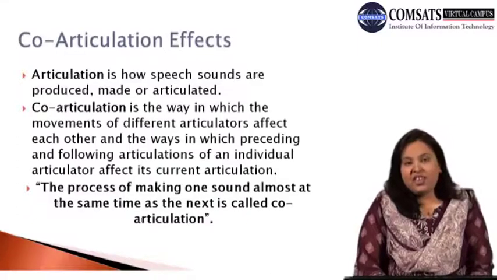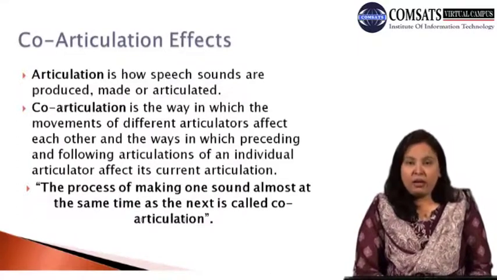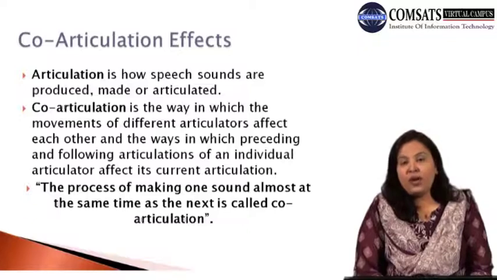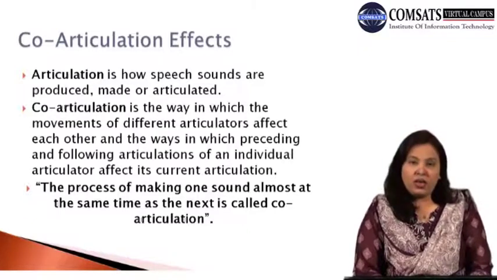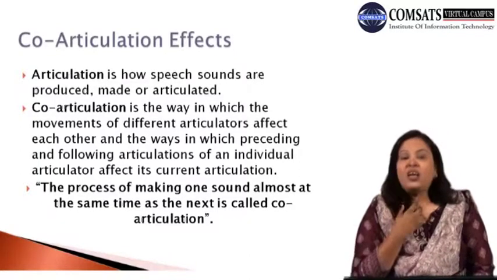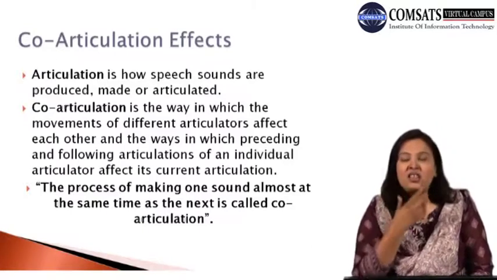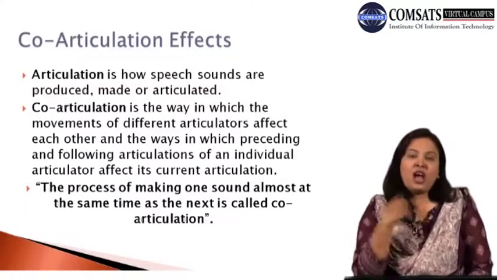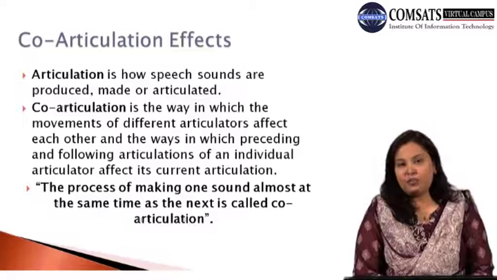To give you a proper definition, co-articulation is a way in which the movements of different articulators... Now, what are these articulators? If you remember, the different speech organs in our mouth, in our trachea, in all these different organs which help to articulate the different sounds.